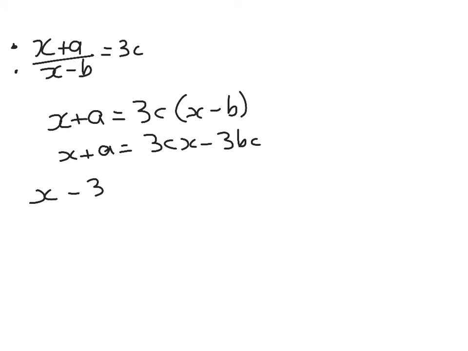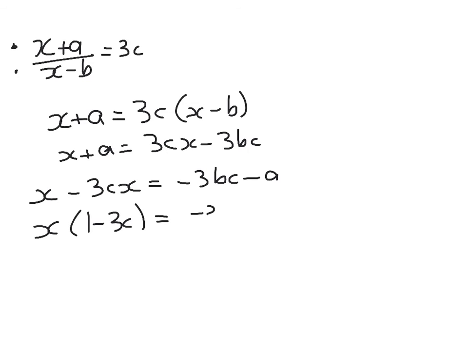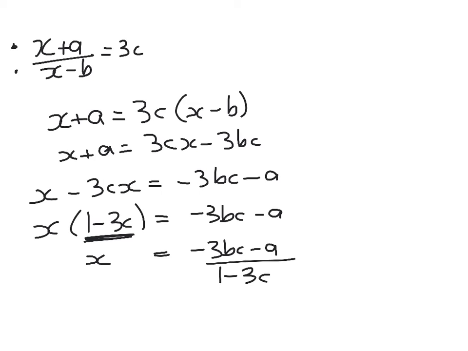x minus 3cx is equal to negative 3bc minus a. x times (1 minus 3c) is equal to negative 3bc minus a. So now dividing through both sides by this, we have x equals (negative 3bc minus a) over (1 minus 3c).